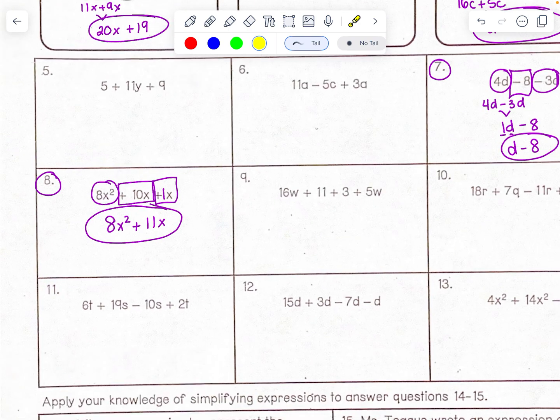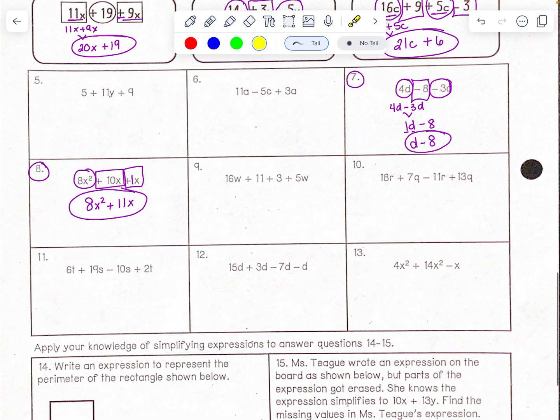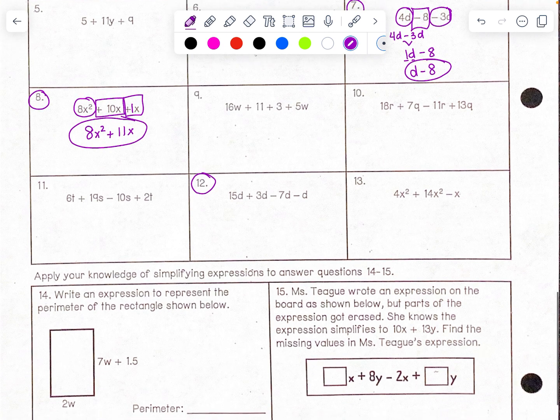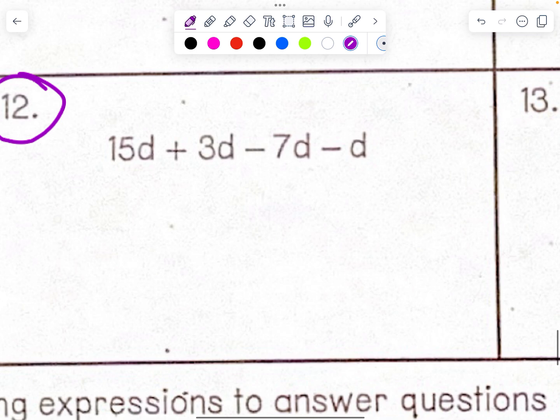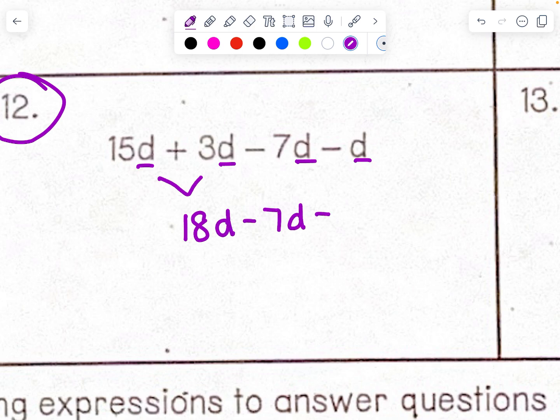All right. Number 12. Let's look at that one. People get a little bit confused on that, but if you look, all we have are d's. They're all like terms, so then you're just following the order of operations. 15 plus 3d will be 18d minus 7d minus d.